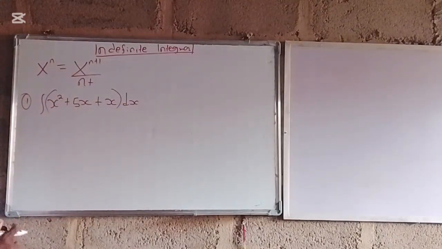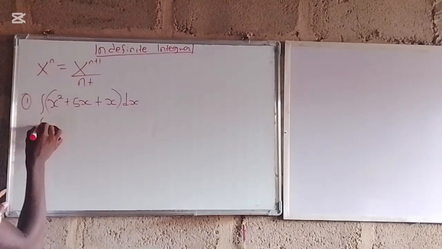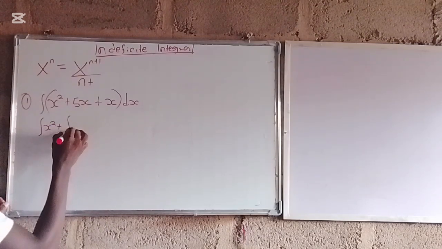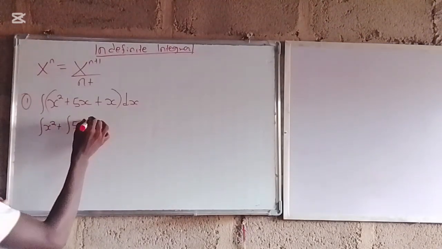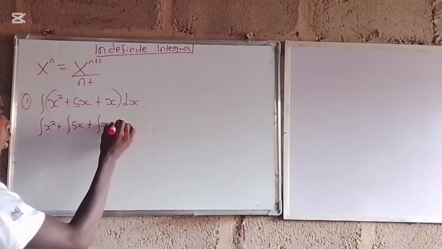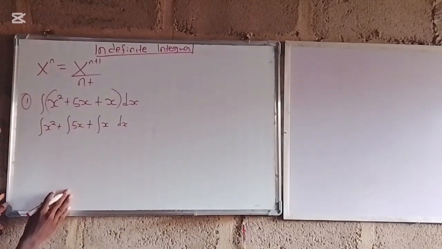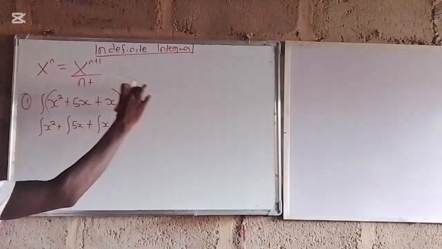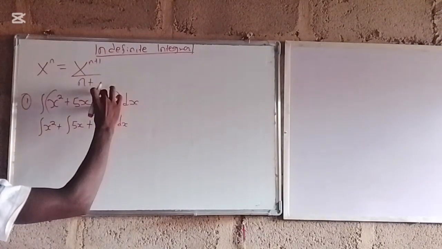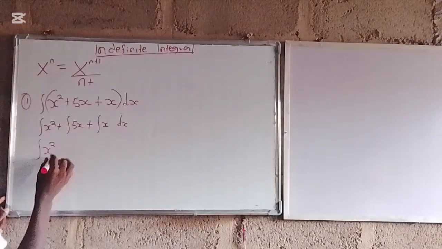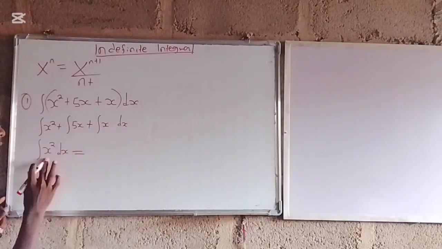So guys, if I'm asked to integrate this, the first thing that I'm going to do is say the integral of x squared plus the integral of 5x plus the integral of x, all with dx. Because this dx carries all of these, I can write it as the integral of x squared dx. So let me first integrate this.